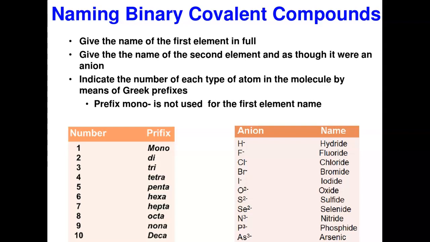The first one we'll talk about is the binary covalent compound. Binary, as we used in ionic, means 2.